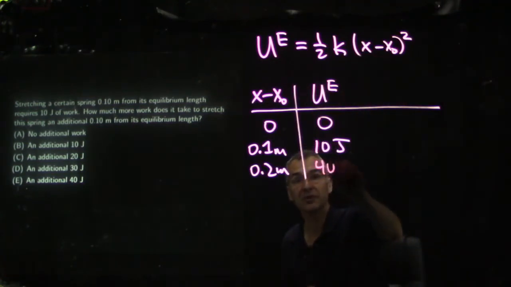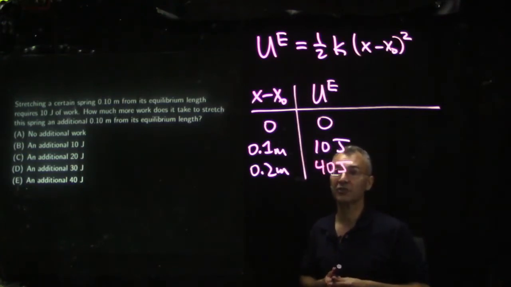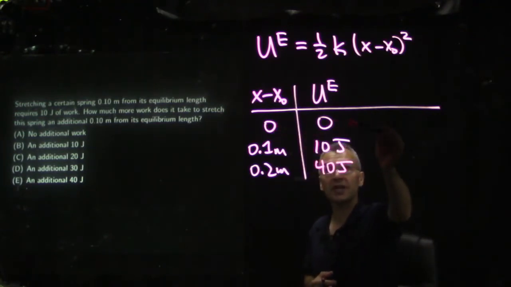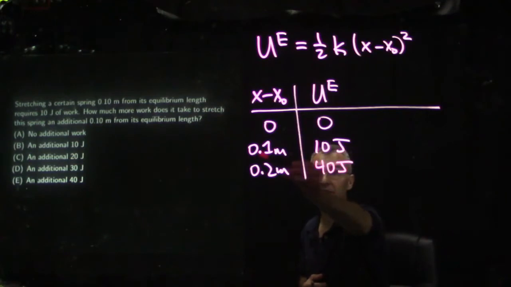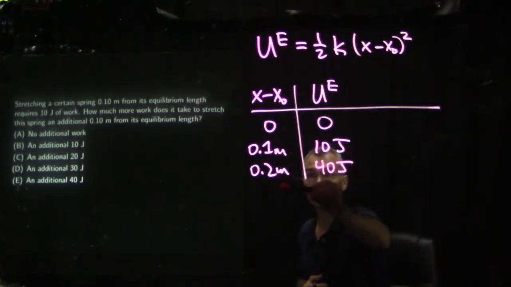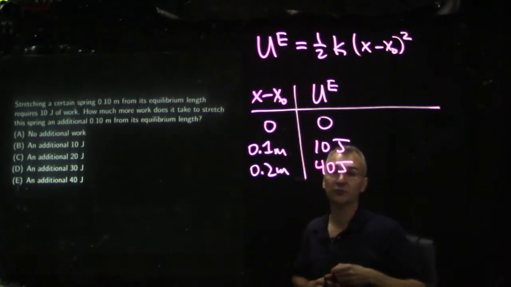So it must be a total of 40 joules stored in the spring when it is stretched 0.2 meters total. You see, if it's not stretched, there's no elastic potential energy. If it's stretched by, let's say, 1 unit here, then that is 10 joules of stored energy. And if you stretch it twice as far, you must store a total of 4 times as much energy.